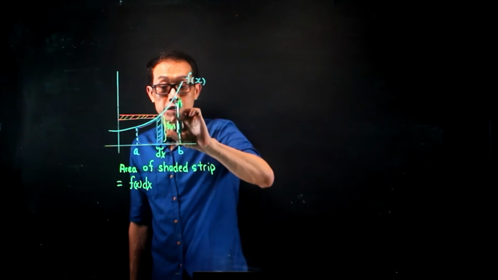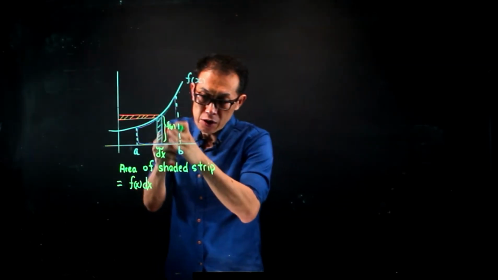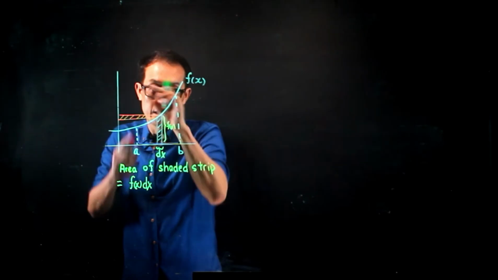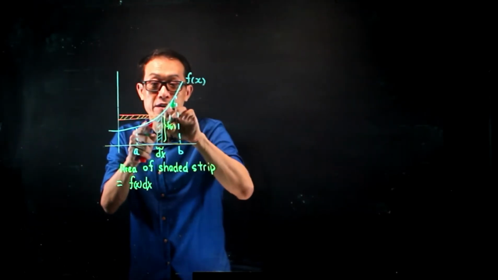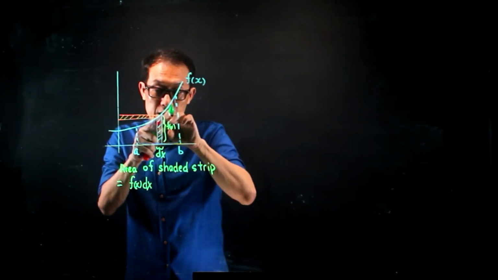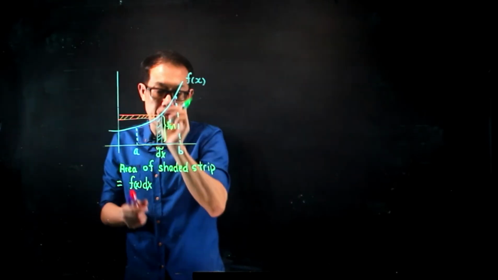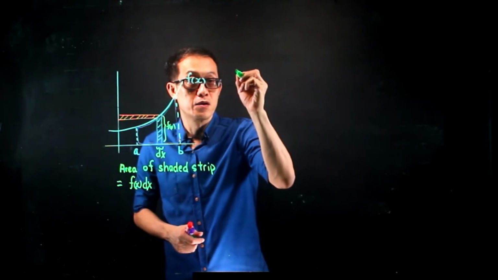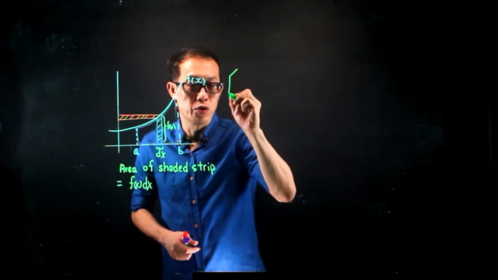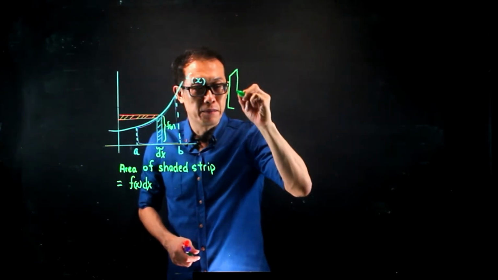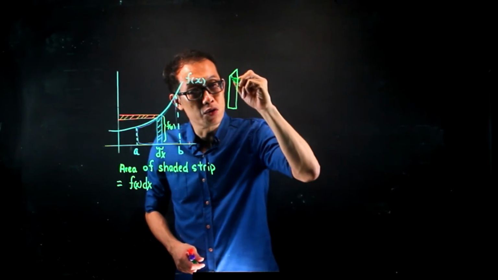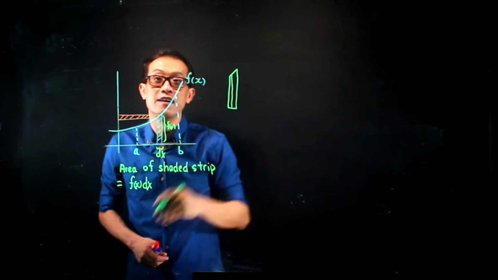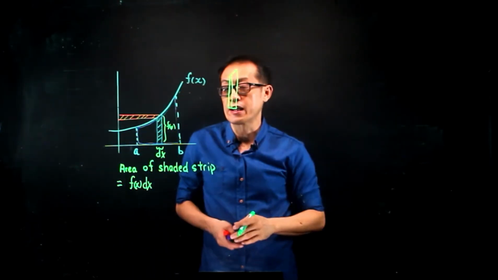Because the strip is so tiny, to you it looks like a rectangular strip instead of a trapezium. Can you imagine that? If the strip is so huge, it is not, but imagine you cut it so small, so tiny, that it is very close to being a rectangle.